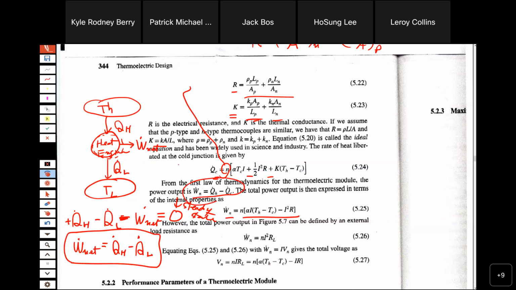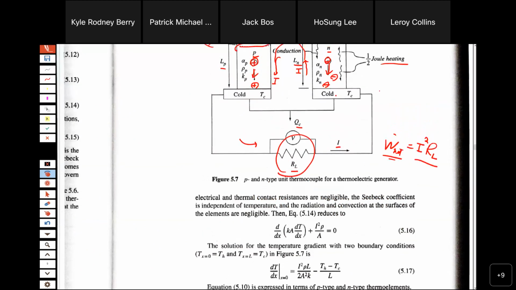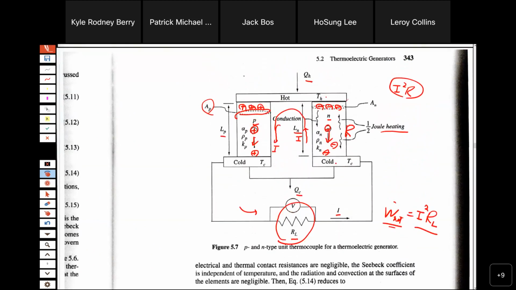And also the power is nothing more than I squared times the external resistance. So this is the power here, using external resistance. The R is the internal resistance.